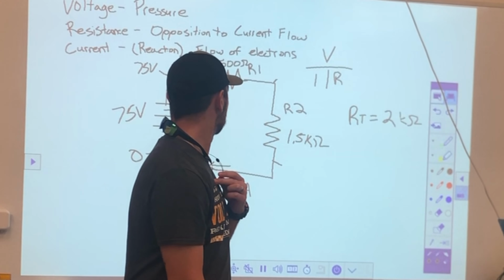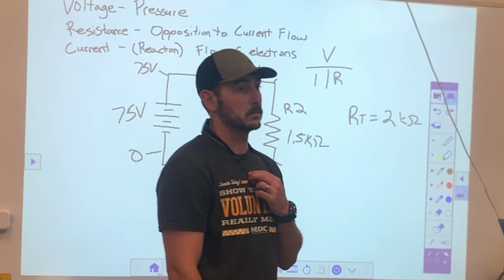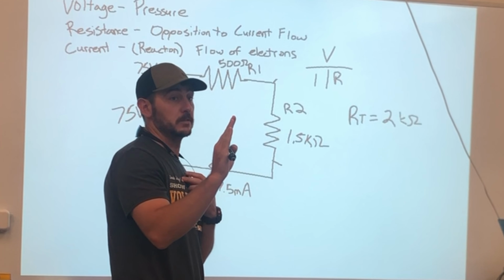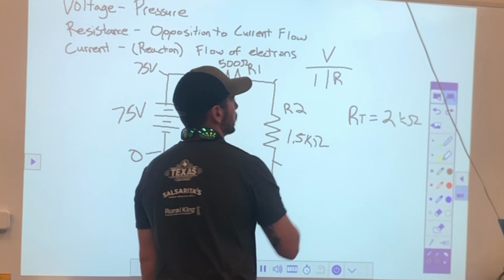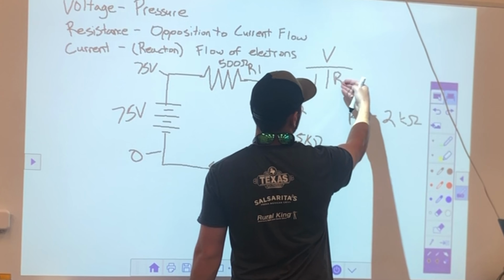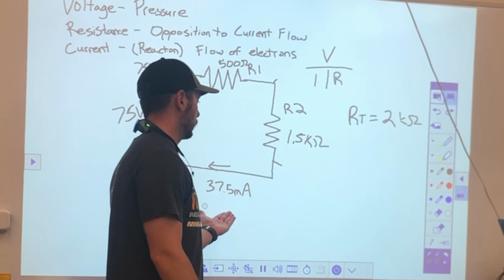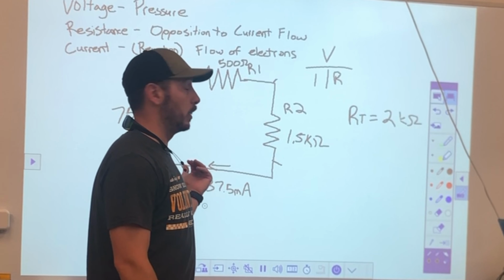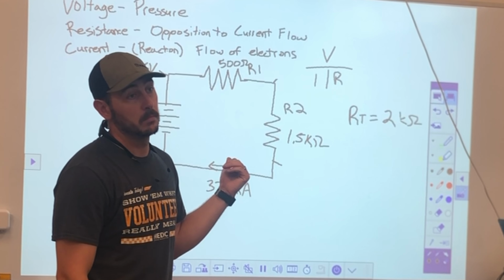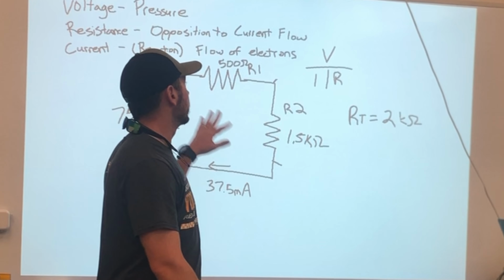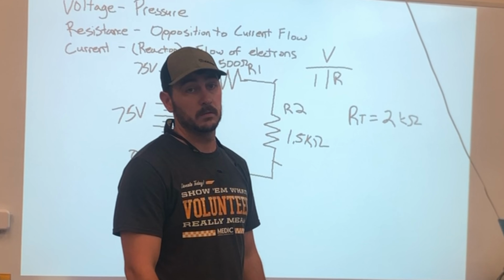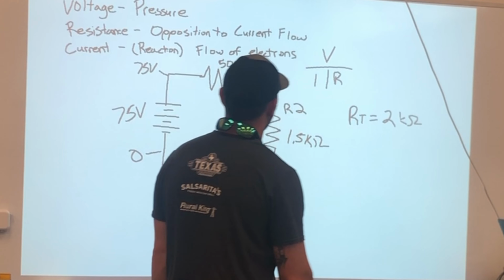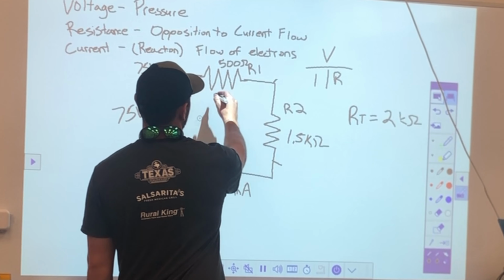We're looking for voltage, so we cover the V, and it's current times resistance. We've got to do 0.0375 times 500. 18.75. Is that right? Okay, it's dropping 18.75.